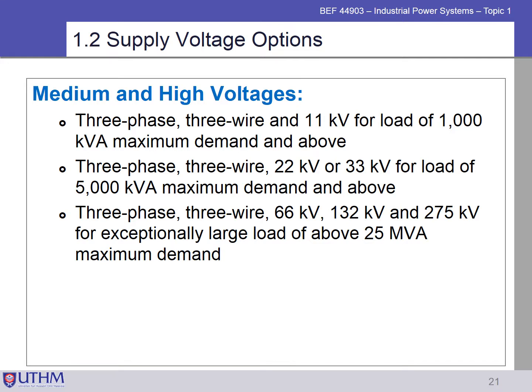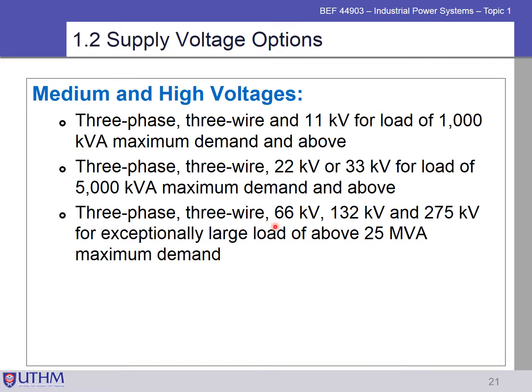Okay, next is medium and high voltage. There are 3 categories. The first one is 3 phase, 3 wire and 11 kV for a load of 1000 kVA maximum demand and above. And then 3 phase, 3 wire, the voltage is 22 kV or 33 kV, and the load is 5000 kVA maximum demand and above. And the last one is 3 phase, 3 wire.